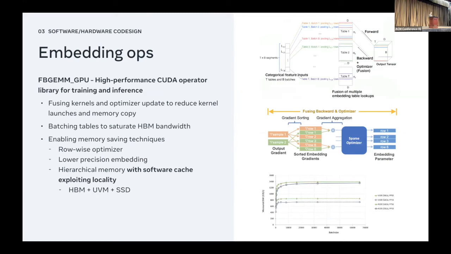For example, row-wise optimizer and lower precision embedding. And last but not least, we observed decently good locality in embedding lookup operation. That enabled us to leverage not only the fast HBM, but also host memory plus host SSD, which provides us basically terabytes of storage for embedding tables if those tables are massive in the model.